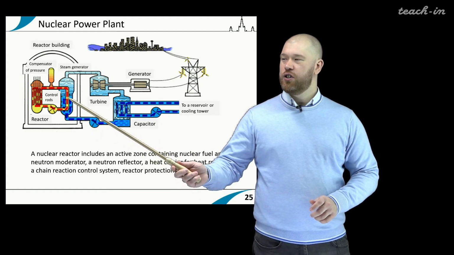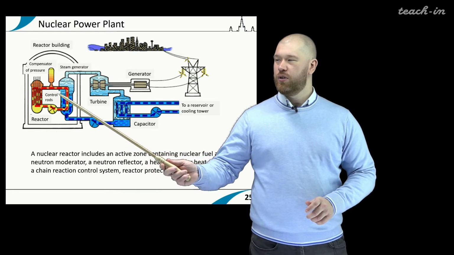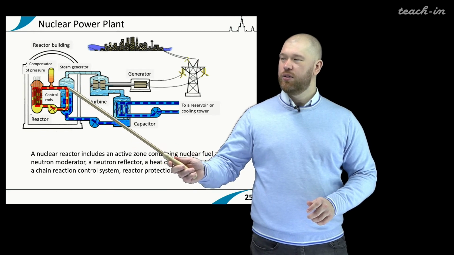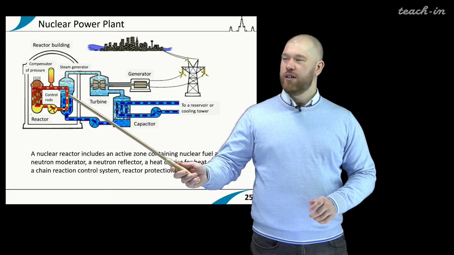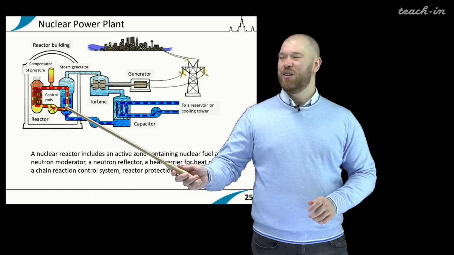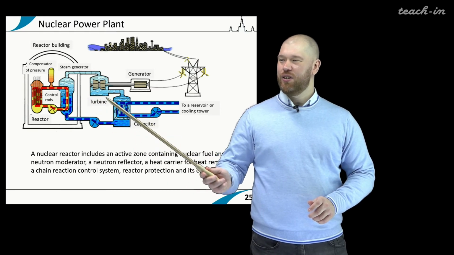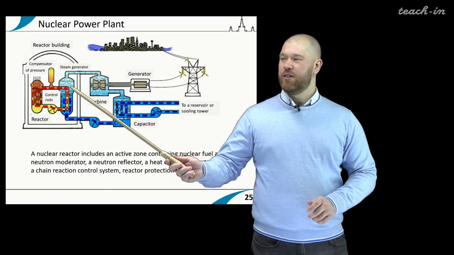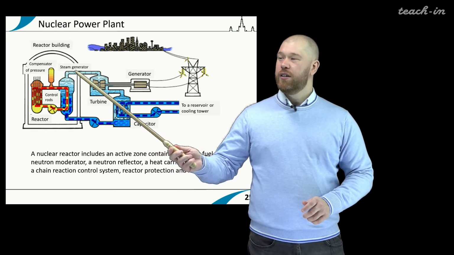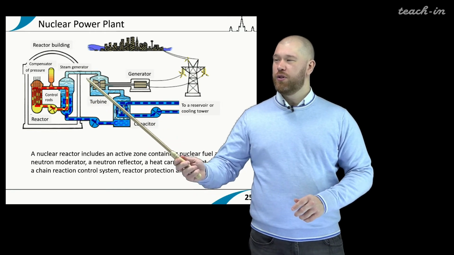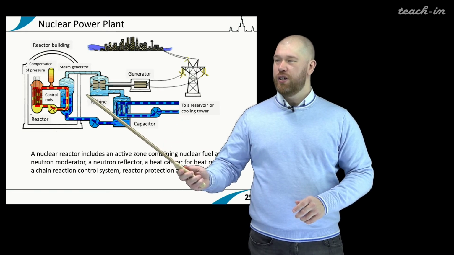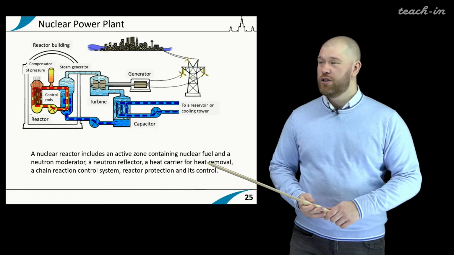In this heat exchanger, heat from the first contour goes to the second contour. This heat heats the water in the second contour, and this water transforms to steam, and this steam then produces electricity by rotating the turbine of the electric generator.